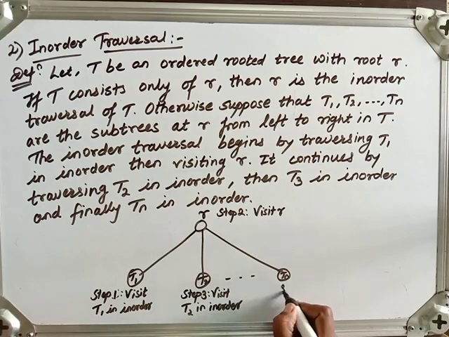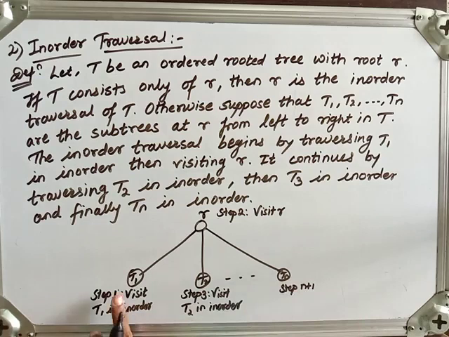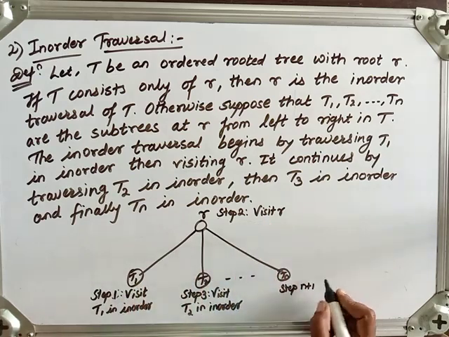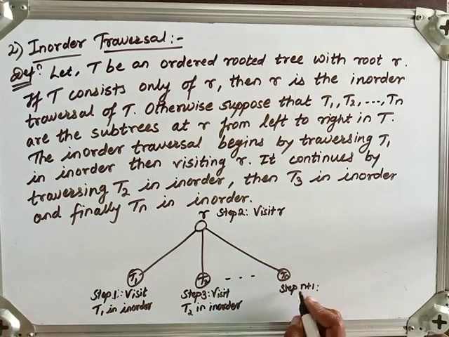And then this is step n+1. N trees are there and one root is there, that's why steps are increased. Steps are how many? n+1, right? So visit Tn in order.